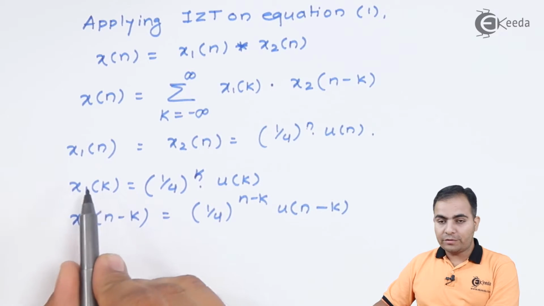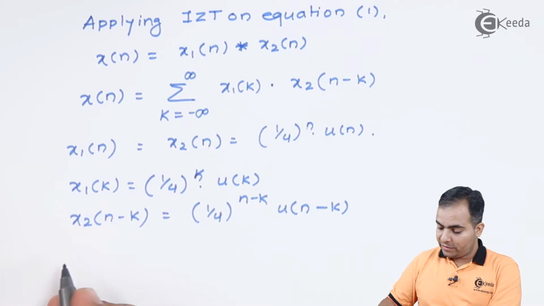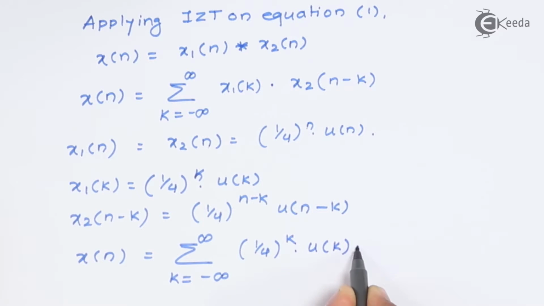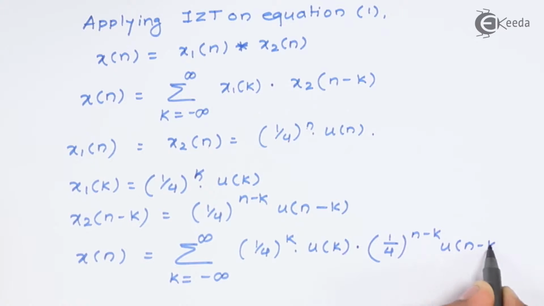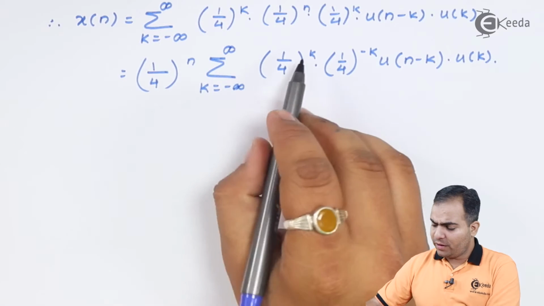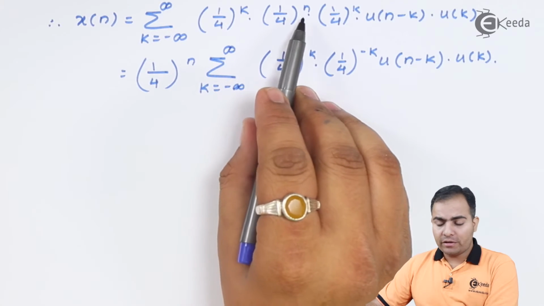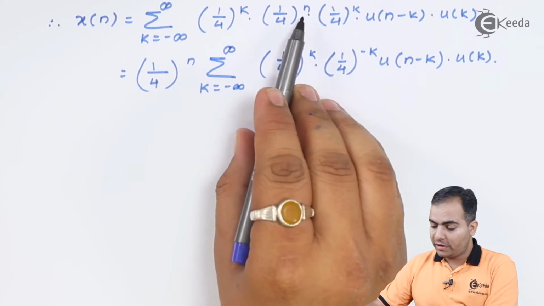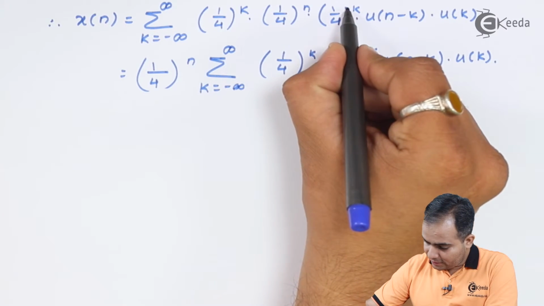Now I'm going to substitute both these values in my equation. Now I'll split the order because 1 by 4 raised to n is a constant term, so I can take 1 by 4 raised to n outside the summation bracket. I have split the power n minus k into two parts: 1 by 4 raised to n and 1 by 4 raised to minus k.